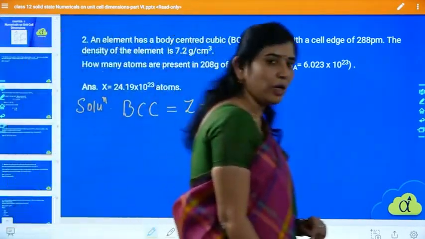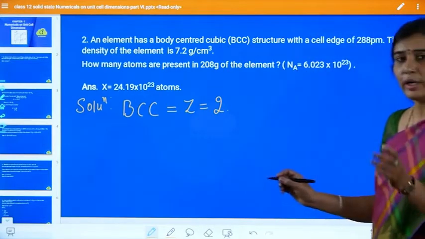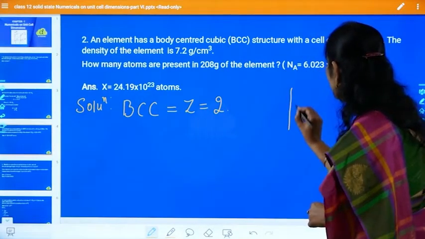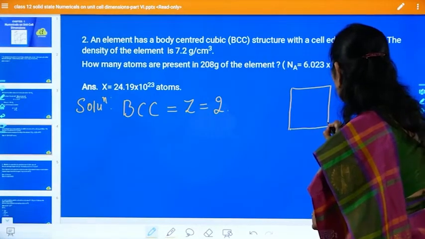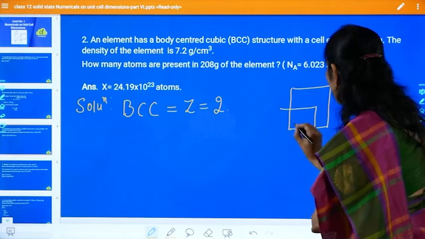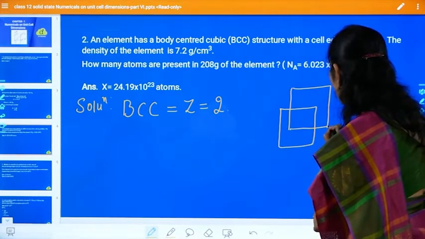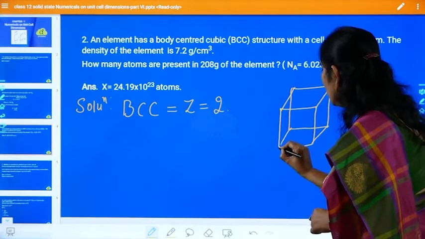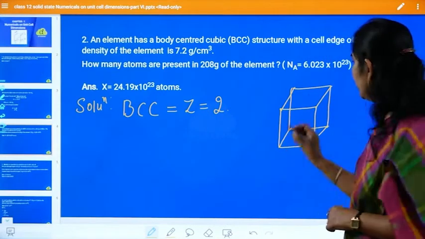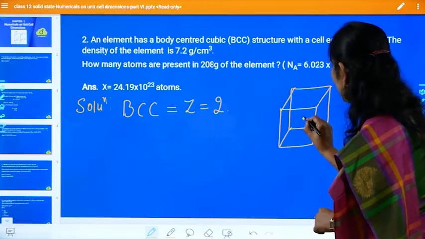Once again I am going to tell why I am writing the Z value as 2. This is a simple primitive unit cell. Simple primitive unit cell means atoms are present only at the corners. So this is a body centered unit cell.